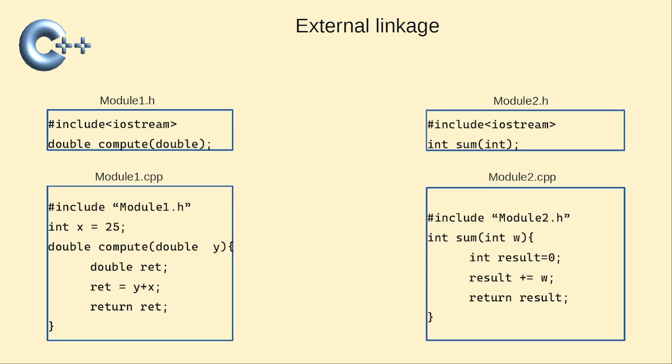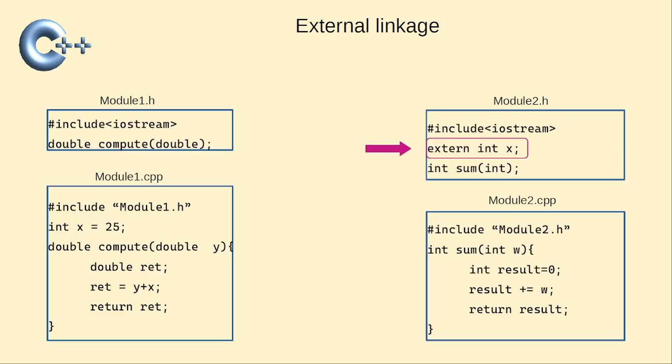Most of the time a module has a header .h file and an implementation .cpp file. In such a case, the external declaration can also be placed in the header file, which is included in the translation unit through the preprocessor directive to include the header file, module2.h in this case.